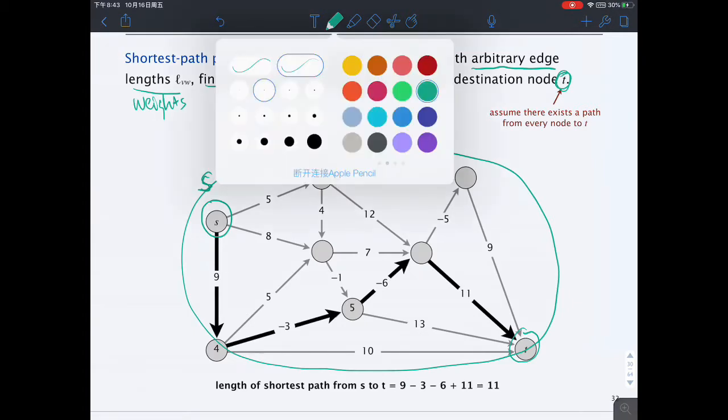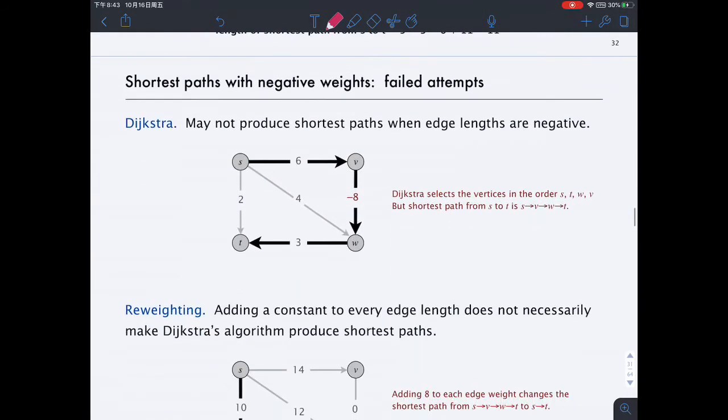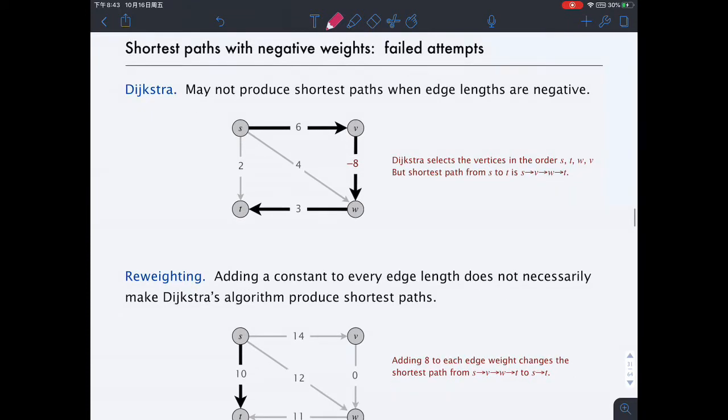The only difference between the graph given here and the graph we have been studying is that there exist a number of negative weights, right? And it turns out that when we run the shortest path algorithm, the actual solution consists of two edges that have negative weights.